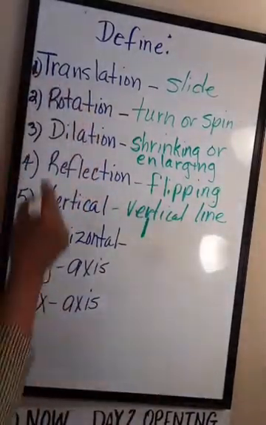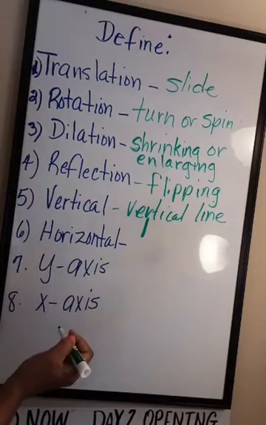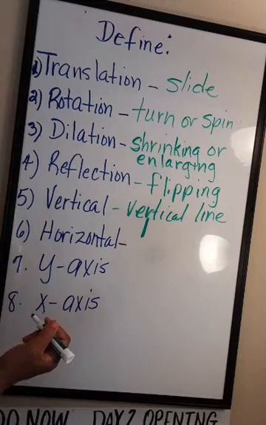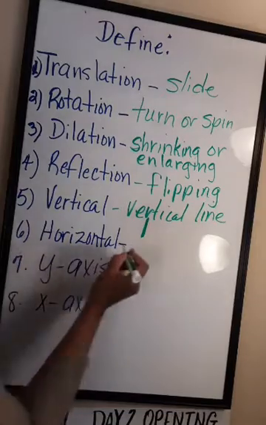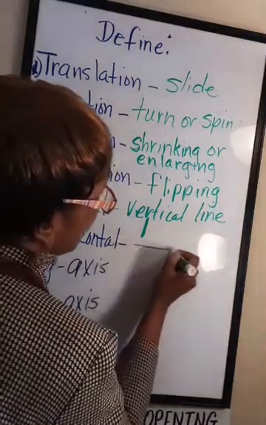Vertical. Up and down. Horizontal. When we talk about a horizontal line, what are we talking about? A line running this way.